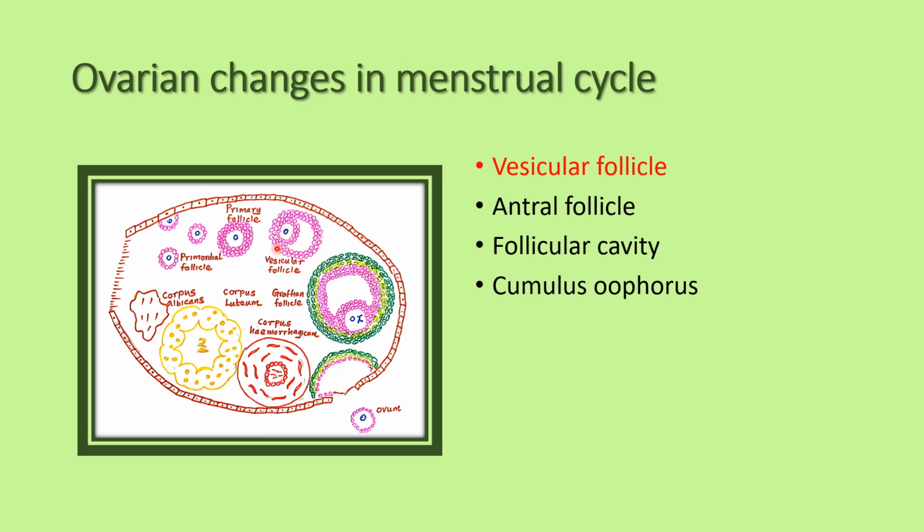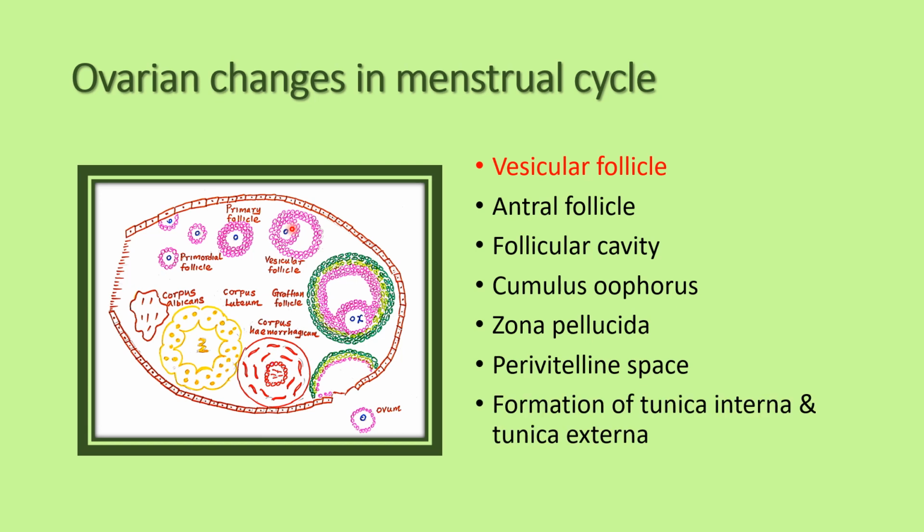The zona pellucida is formed around the ovum during the vesicular follicle stage. The perivitelline space is a cleft present between the ovum and the zona pellucida. In between the zona pellucida and the ovum, the cleft space is present. That is called the perivitelline space.